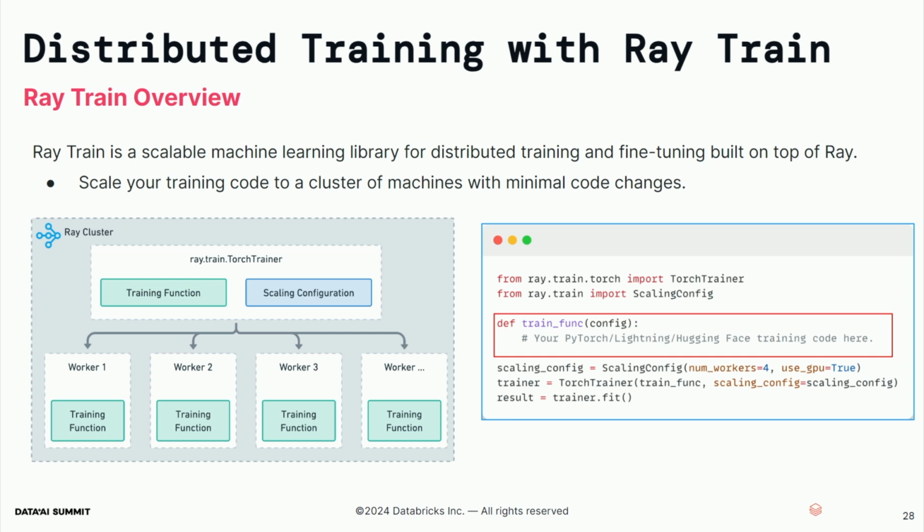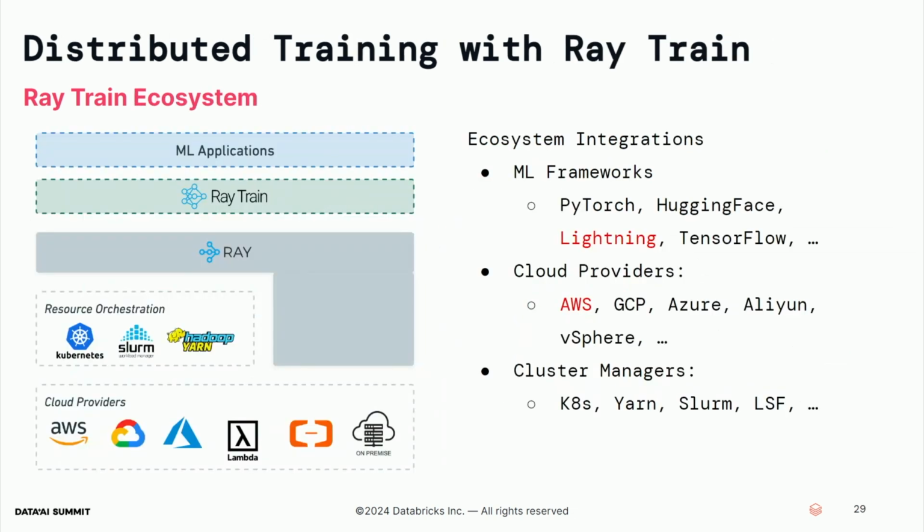The left-hand side shows the TorchTrainer will help you launch the training function as a remote function on the correct devices. And you don't have to worry about the resource scheduling or orchestration under the hood. The training just happens as if you are running your training code on a single laptop. Moreover, Ray Train has wide integration with the ecosystem.